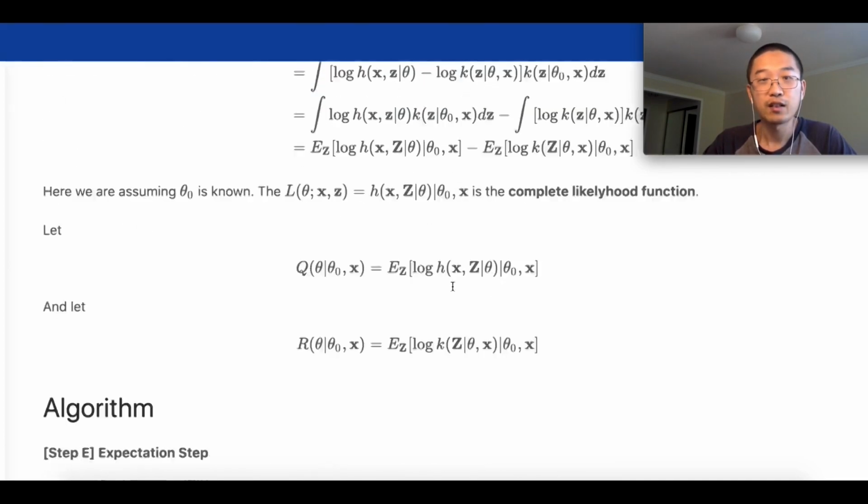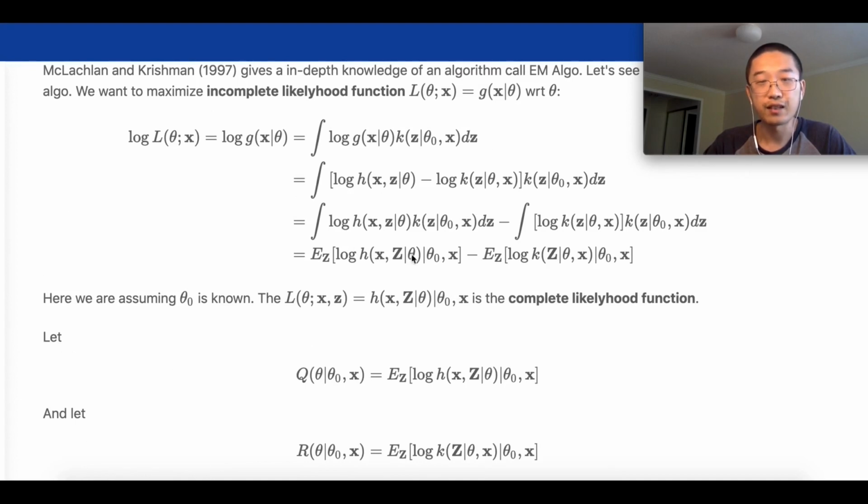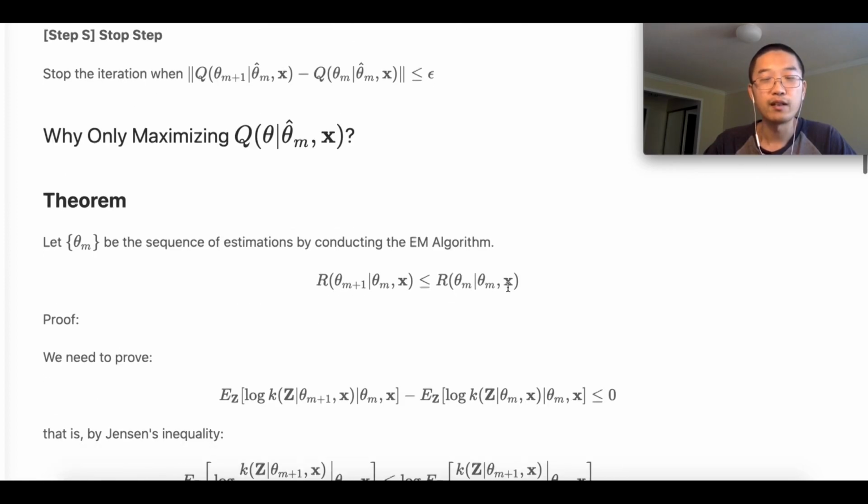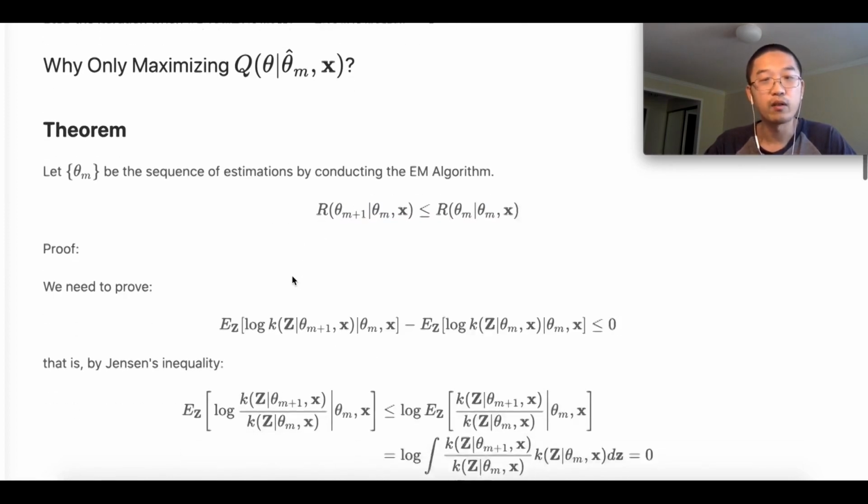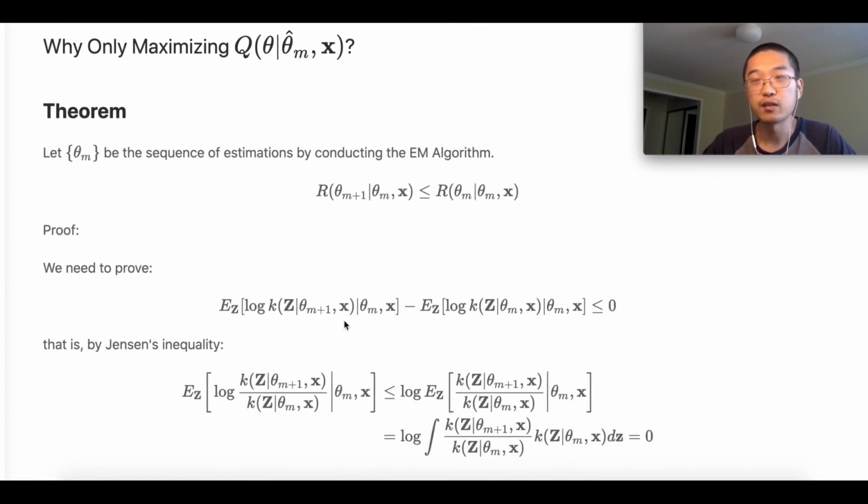That is, for our next iteration of theta, the first term becomes larger and the second term becomes smaller. So we only need to maximize the first term, and naturally the second term will become smaller. This is easily provable using Jensen's inequality.